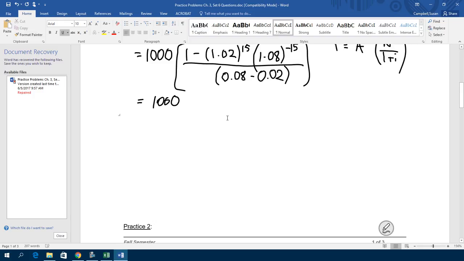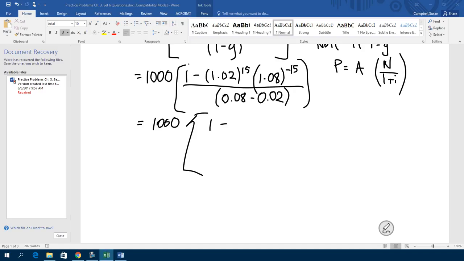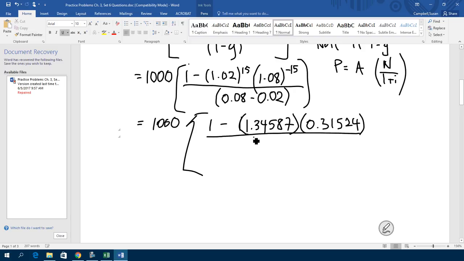Okay, so if I say 1 minus 1.02 to the 15, I'll put that in my Excel spreadsheet. 1.02 to the 15 is 1.34587, times 1.08 to the minus 15, which is 0.31524. That's going to be all over 0.06.